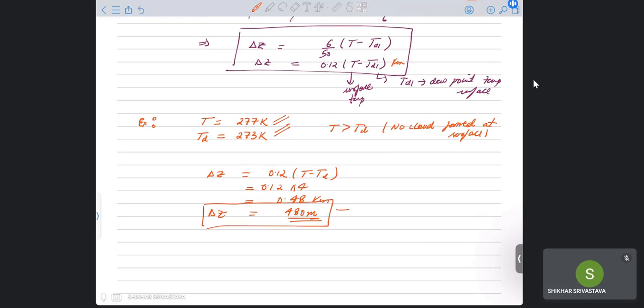This delta Z is actually the LCL, the lifting condensation level. In this way, you can estimate the height of the cloud if you have the information about the temperature at the surface and also the dew point temperature at the surface.